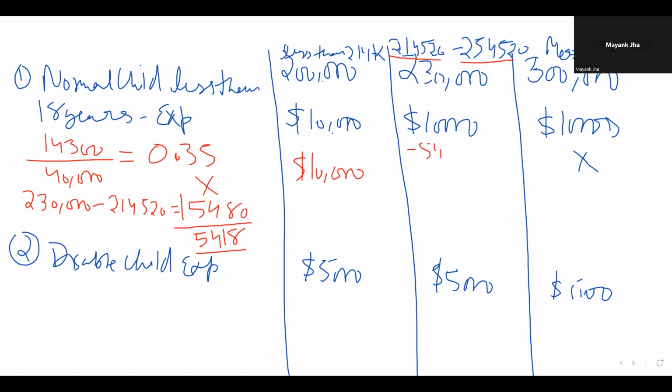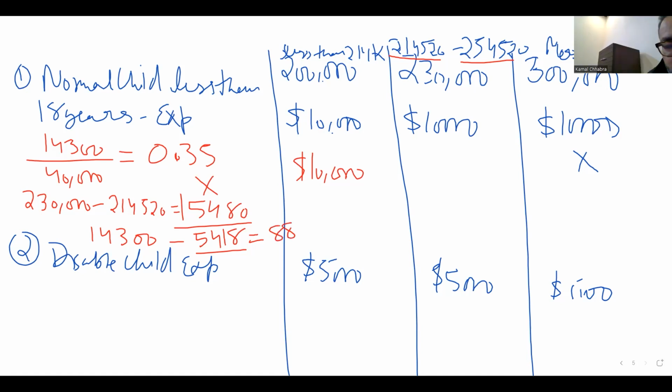This 5,418 will reduce from 14,300. 14,300 minus 5,418 is 8,882.